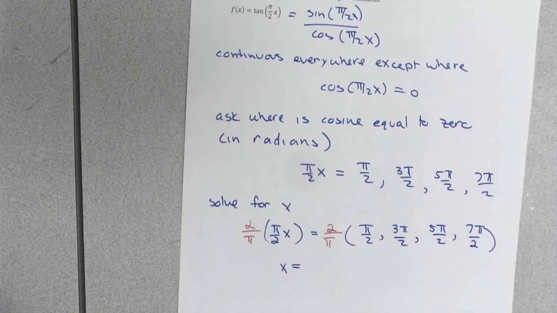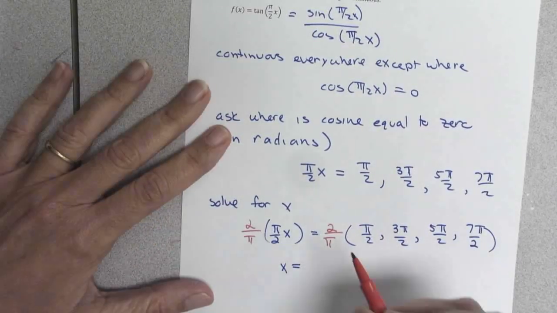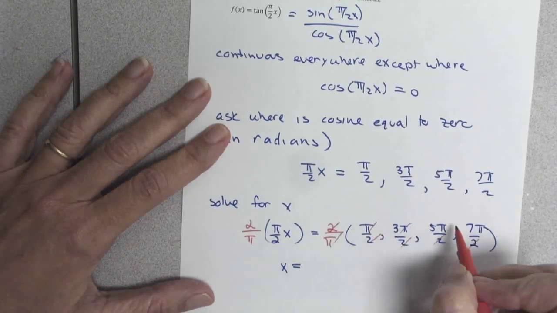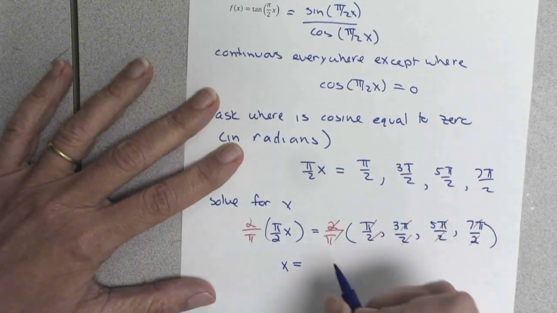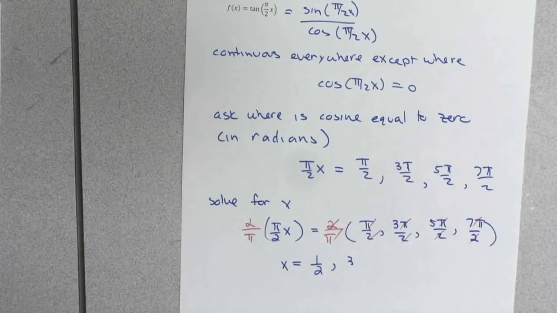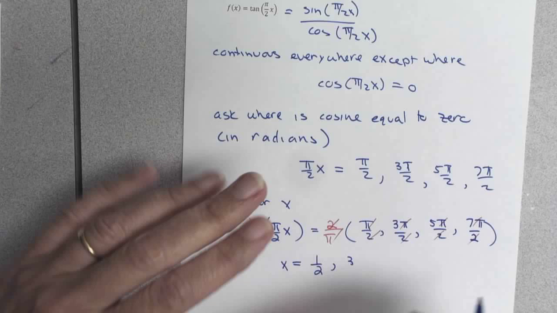And over here, all the 2's are going to cancel, and all the pi's are going to cancel.